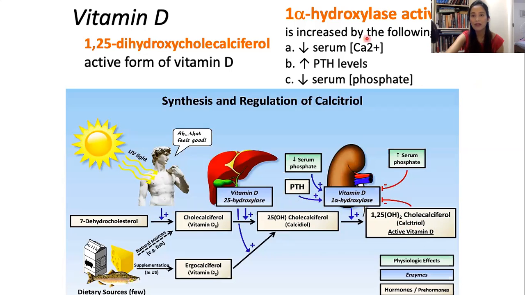So your 1-alpha hydroxylase is increased by low serum calcium levels, increased PTH levels, and low serum phosphate levels.